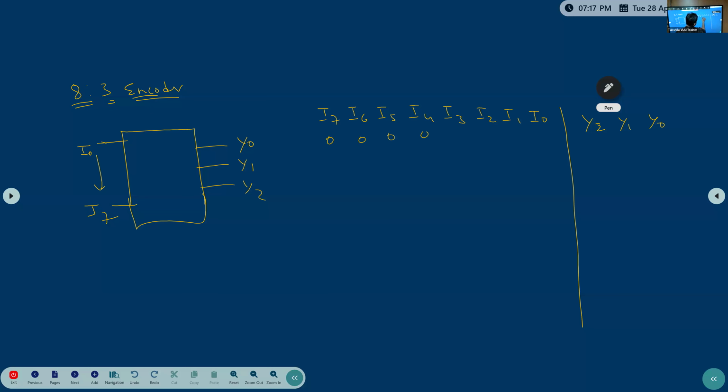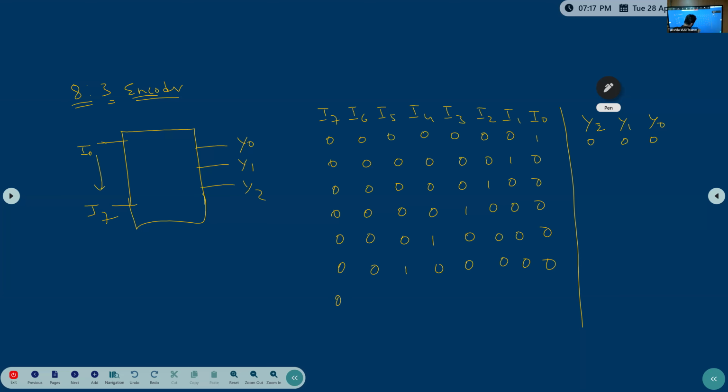For the 0, 0, 0 case, the outputs are 0 0 0, 0 0 1, 0 1 0, 0 1 1, 1 0 0, 1 0 1, 1 1 0, 1 1 1. This is the outputs.